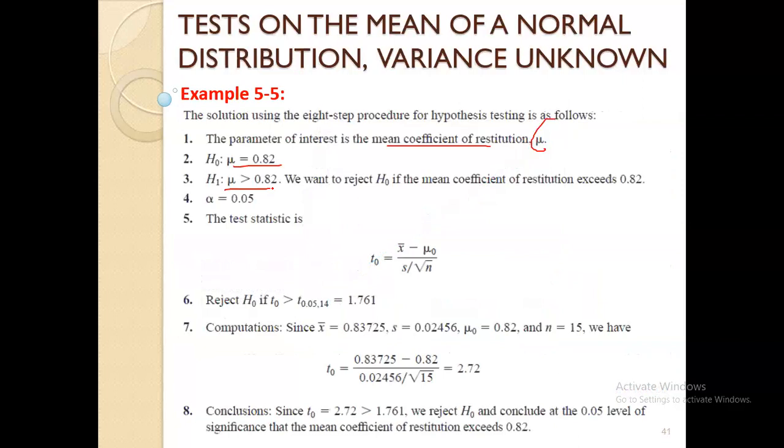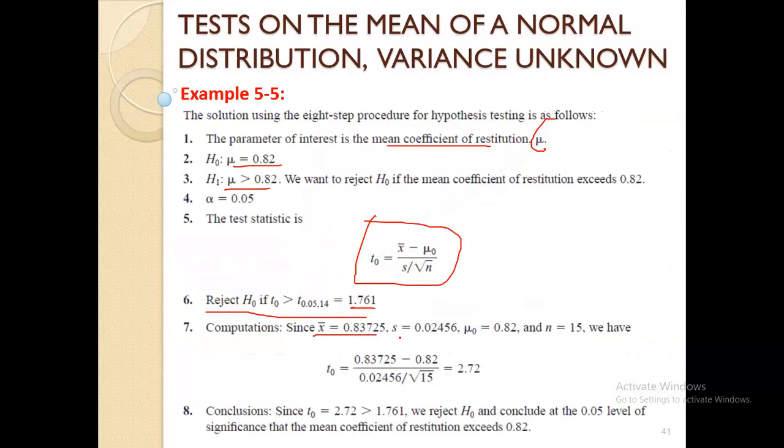With alpha 0.05 we use the t-test: X bar minus mu 0, divided by S over square root of n. The rejection region uses t 0.05, which is 1.761, from the table or from Excel. Then you calculate t0.